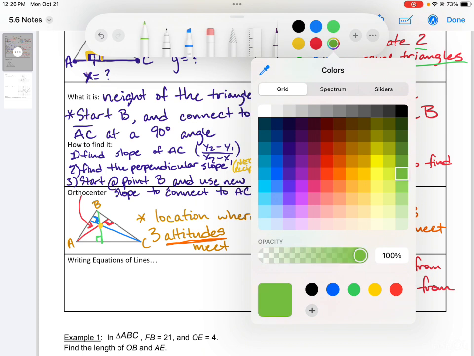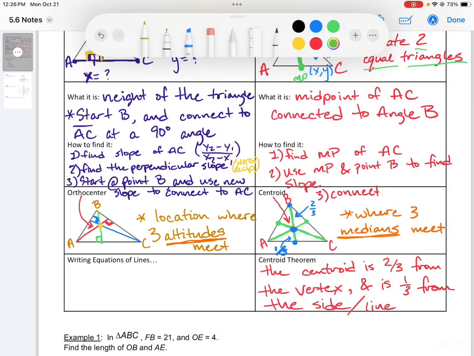And then lastly, when we are writing the equations of lines, we use very often point slope form. y minus y1 equals m times x minus x1. Remember, you can use this when you have a slope and a point.